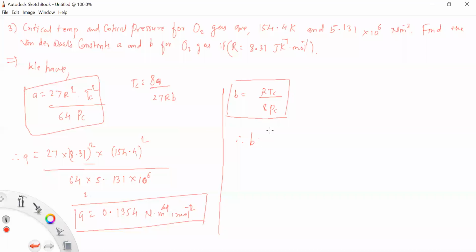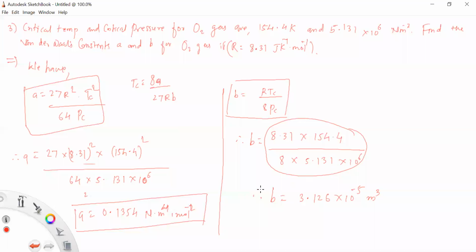So B is equal to R, which is 8.31, into TC, 154.4, divided by 8 into PC, which is 5.131 into 10 raised to power 6. So when you calculate all these figures, B comes to 3.126 into 10 raised to power -5 meter cube. So this is the value for the van der Waals constants, A and B.